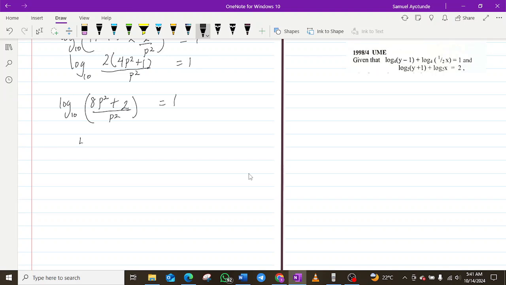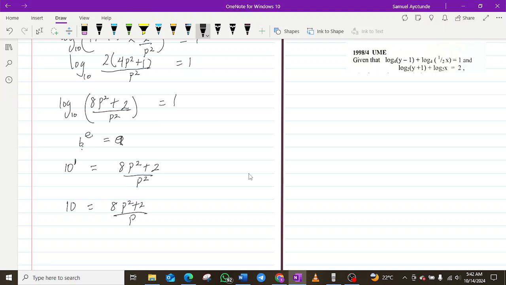Don't forget our formula. We have b raised to the power of e equals a. That is, base to the power of exponent is equal to a. Our base here is 10. The exponent is 1. The argument is 8p squared plus 2 over p squared. So that is the same thing as 10 is equal to 8p squared plus 2 all divided by p squared.